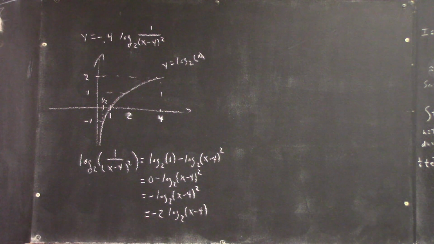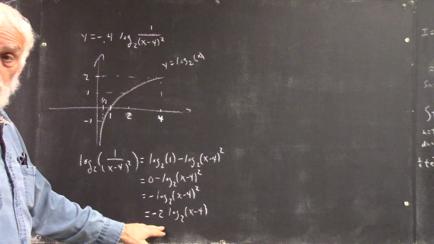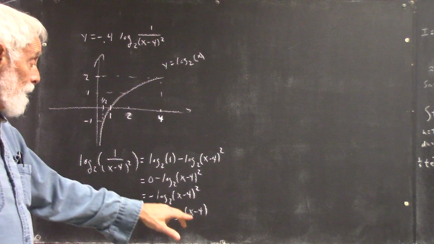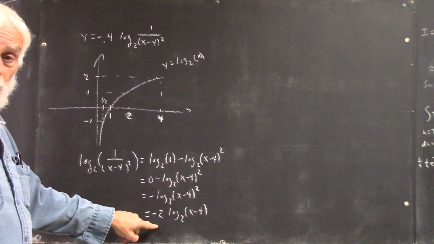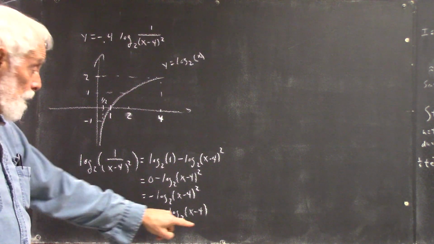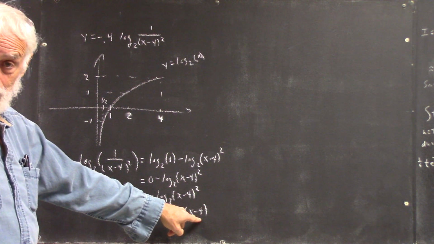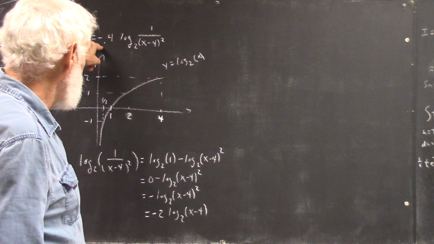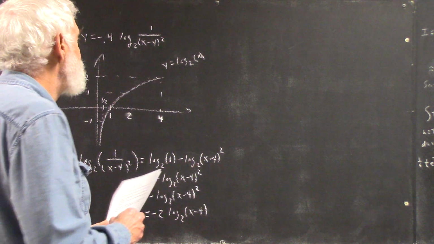Okay, so anyhow, you would get this. So you would have to use the rules of logarithms to put it in this form, but now we could graph that. That's this graph vertically stretched by a factor of negative 2 and shifted 4 units to the right. Okay? But of course now it's negative 0.4 times this.